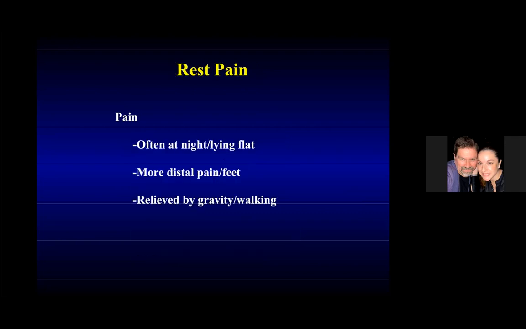Vamos a continuar. Y el rest pain, this is pain at rest, obviously, right? These patients, this is like the classic thing that you learn in med school, you know, patients at rest that have to hang their legs off the bed to alleviate the pain, or they have to sit up or stand up so the pain goes away. It's the same principle.